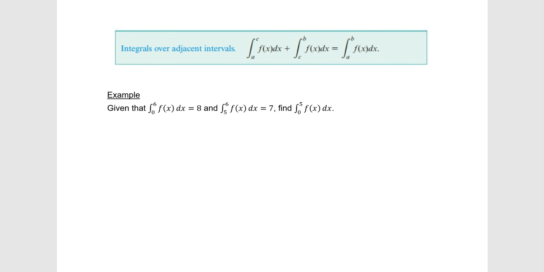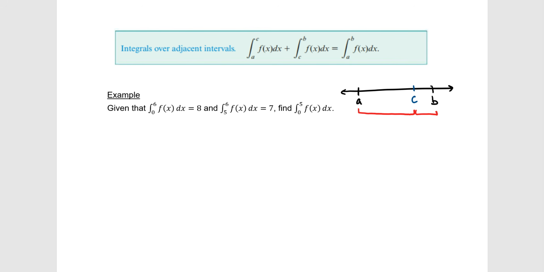Now, the next one here, we have a new rule, and that's integrals over adjacent intervals. And before I take a look at what it actually says here, let's take a look at a number line. And let's say we have some number line, and it's from A to B. And now let's introduce some new part of this number line that's in between A and B, and we're going to call it C. So hopefully you agree with me that this value plus this value equals the total interval.